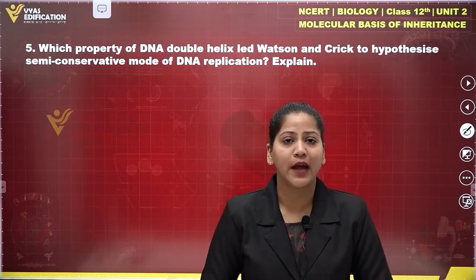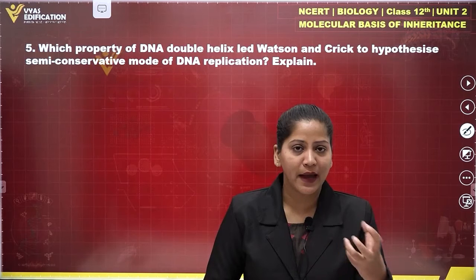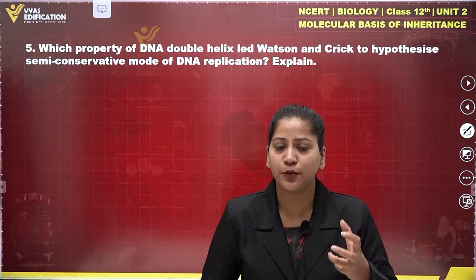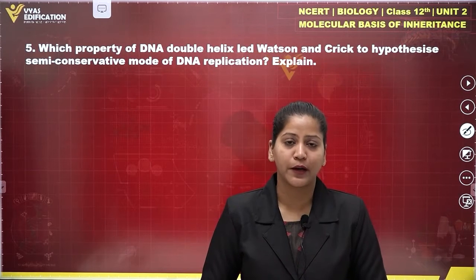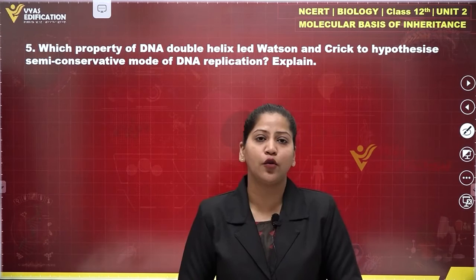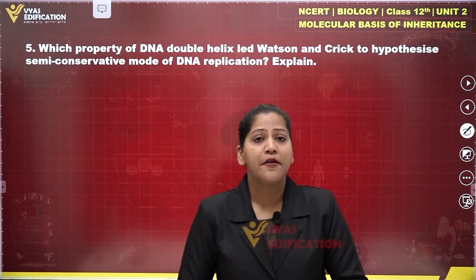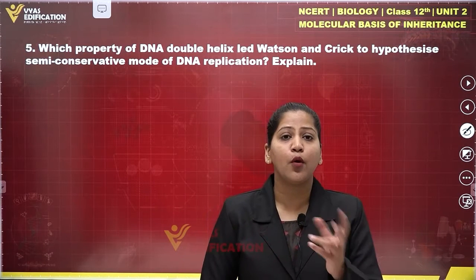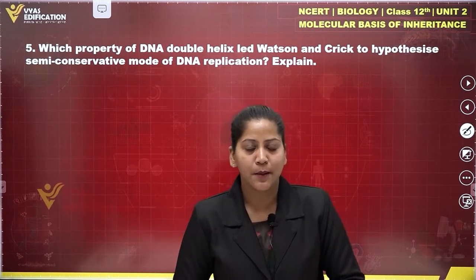That means the 5' phosphate of one strand of DNA always faces the 3' hydroxyl group of the other strand of DNA. Also, 5' phosphates of both the strands are present in opposite positions.